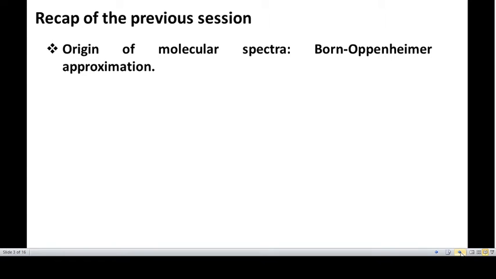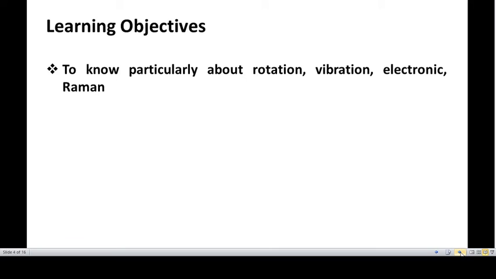When we look at our previous session, we had discussed the origin of molecular spectra, that is the Born-Oppenheimer approximation. The learning objective of the present session is to know particularly about the rotational, vibrational, electronic and Raman spectrum.